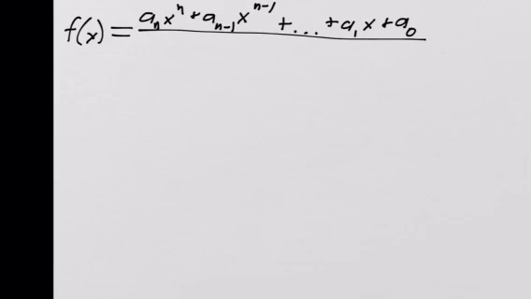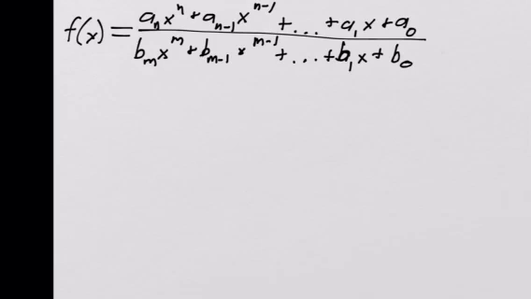So a_n x to the n plus a_(n-1) x to the n minus 1 plus etc. plus a_1 x plus a_0, divided by b_m x to the m plus b_(m-1) x to the m minus 1 plus etc. plus b_1 x plus b_0.